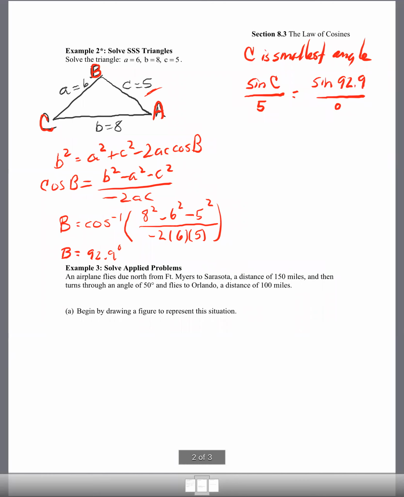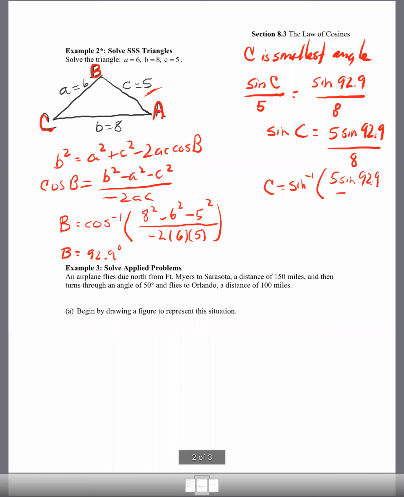And if you now solve for C, first we could say that sine C is equal to 5 times the sine of 92.9, all divided by 8. And then C will equal the inverse sine of this fraction.